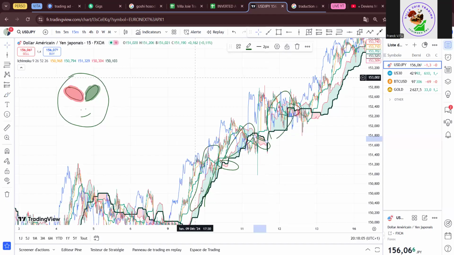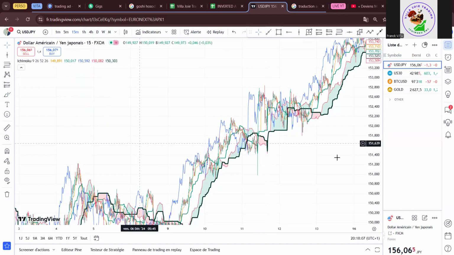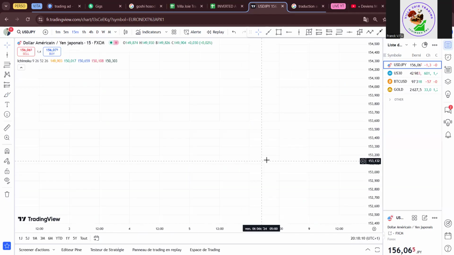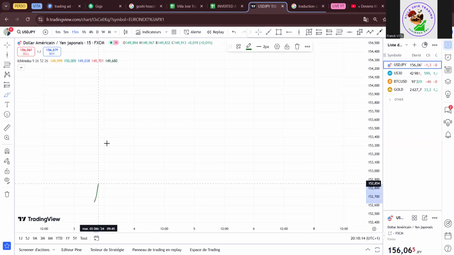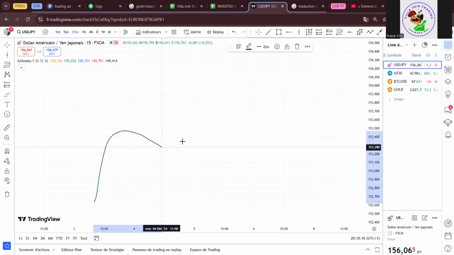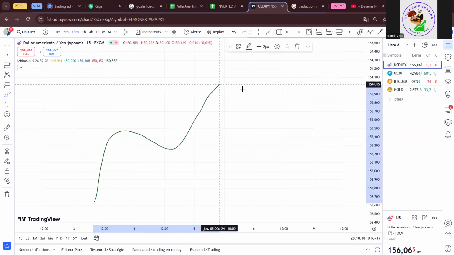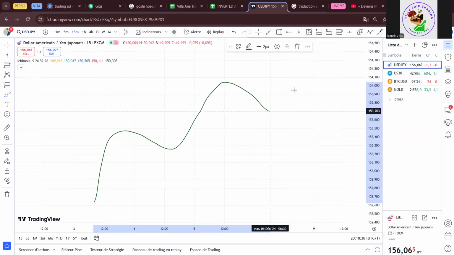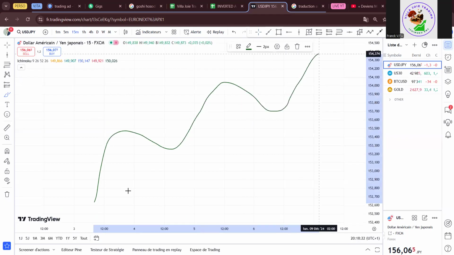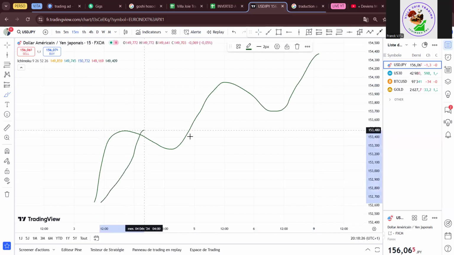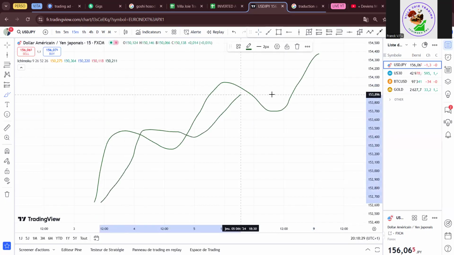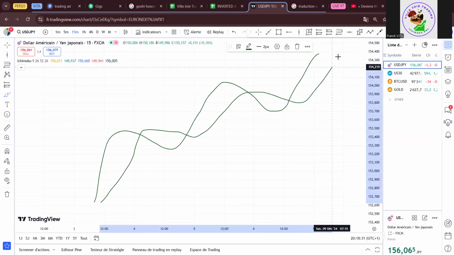So what you need to understand is that the cloud is going like this. And then that was SSA, then this SSB. This SSB, right? That one was SSA.